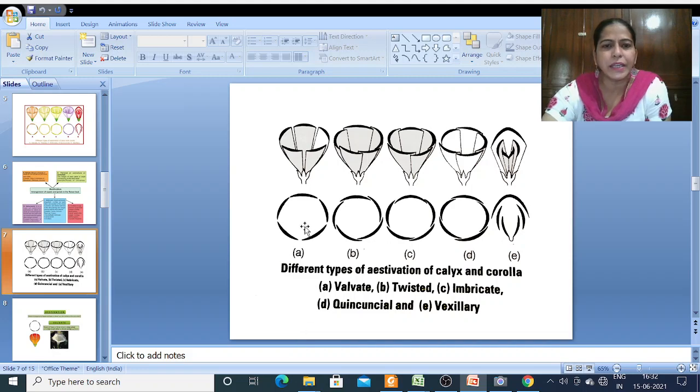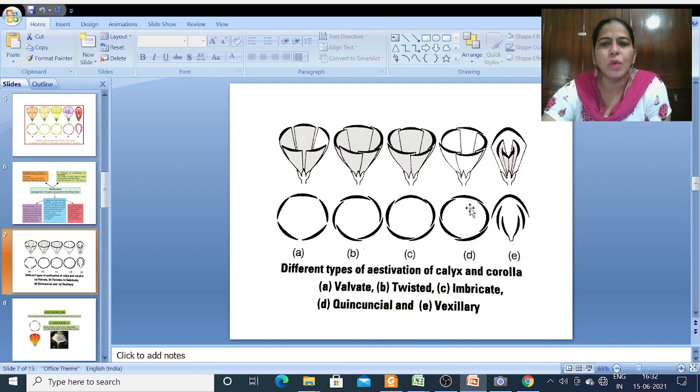So here we again have the valvate, they are just touching each other. In the case of twisted, each one of them is overlapping the next one. One side of the petal is exterior and one is interior. In imbricate, one is totally interior and one is totally exterior. The rest of them are irregularly placed.